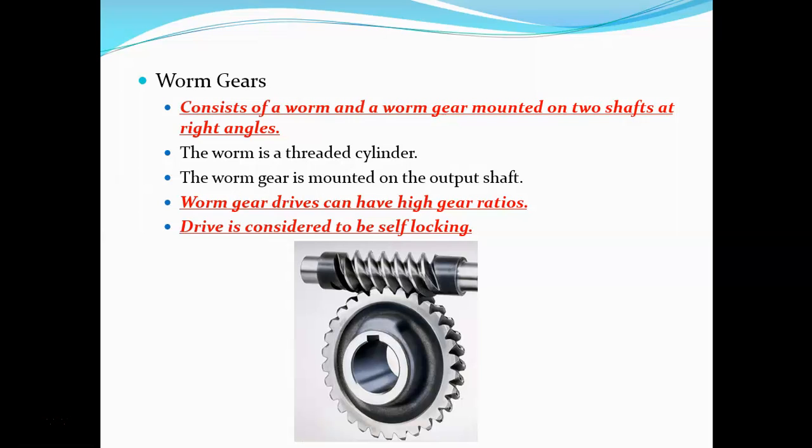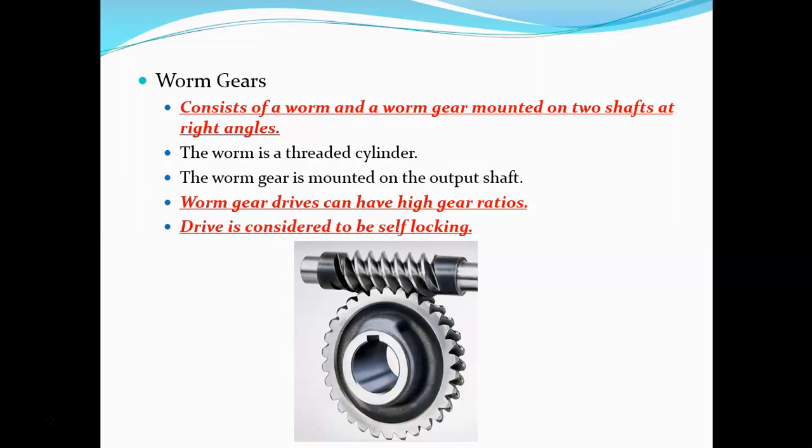Worm gears, these are unique because they've got a threaded cylinder that's called the worm, and it has made it into a gear that looks similar to maybe a helical gear, but the way it's made in the middle, you probably can't tell in this picture, but the round gear on the bottom, actually in the teeth, it's kind of dipped out to accept the spiral shape of the worm.